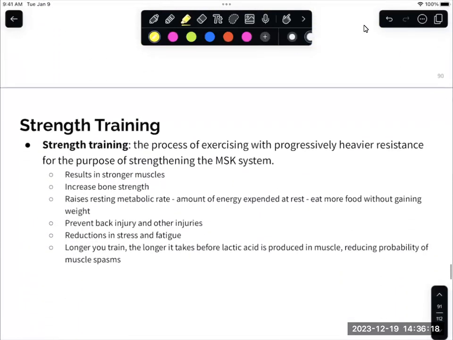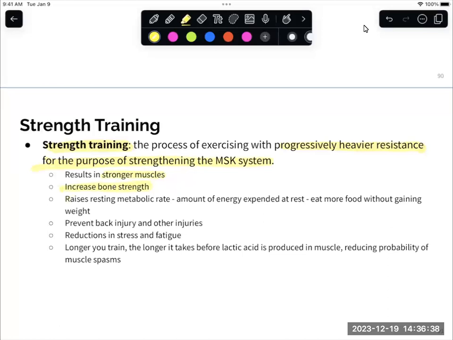Strength training. That is the process of working with heavier resistance to strengthen the musculoskeletal system. It causes stronger muscles. It increases your bone strength as well.